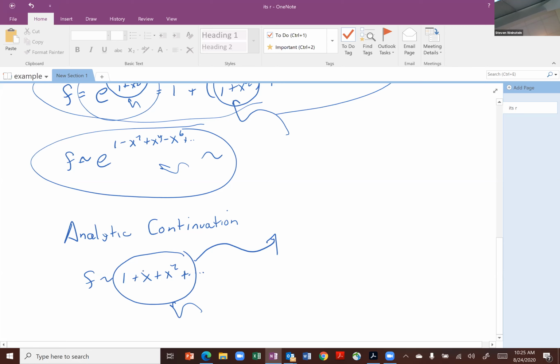What we're actually doing by imposing something on the other side, because we're expanding around x equals 0, but we're trying to get a function which is starting here and going to some other behavior here. By imposing something at the other side of the domain, we're restricting the number of possible ways that we can analytically continue that series representation.